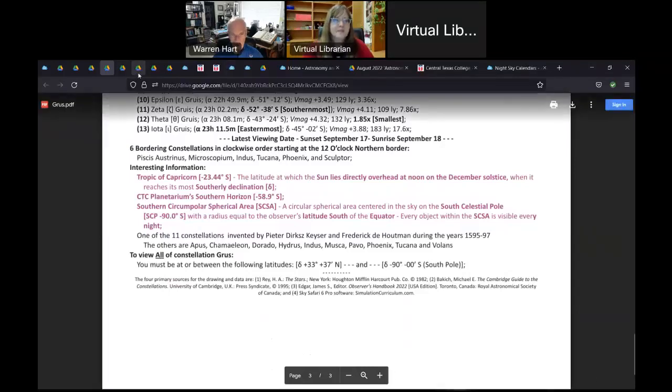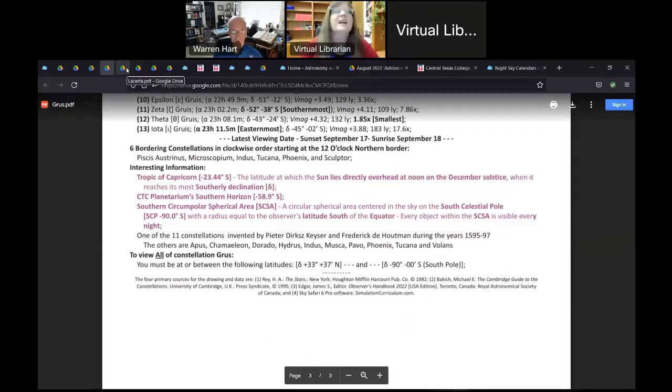And we are just barely in that, because our latitude here at the planetarium is 31.1 degrees north. If you went north of here, at least up to Amarillo or Dalhart or northern Oklahoma, you're not going to see all of it. You can see part, but not all of it. And that's what that refers to.